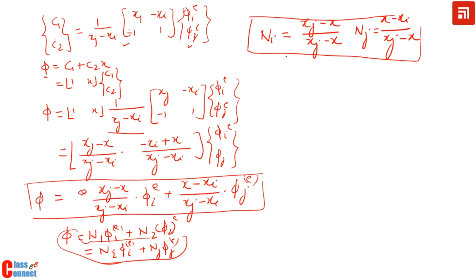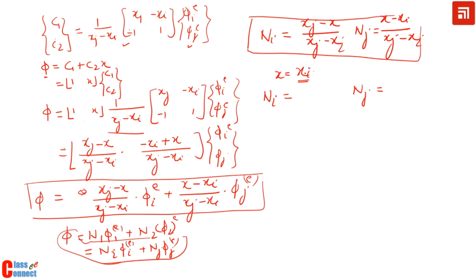Now let us discuss what the properties of this shape function are. If I put x equal to xi, I am talking about the ith node, and then I can find out the value of ni and the value of nj.